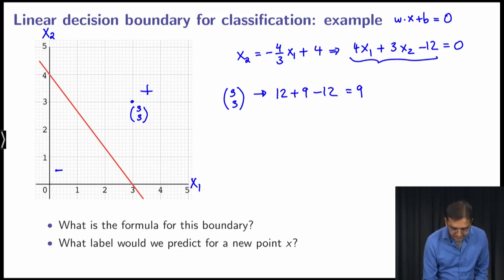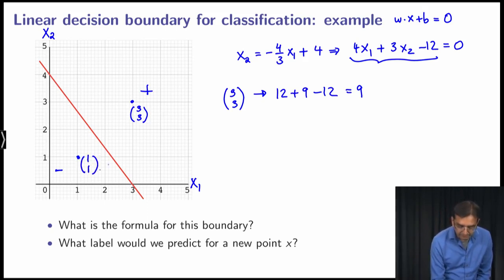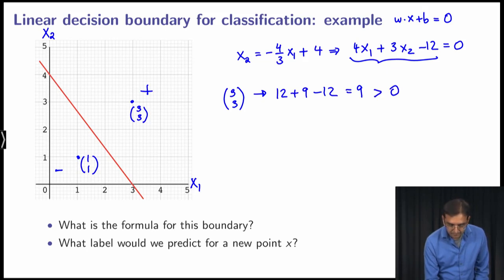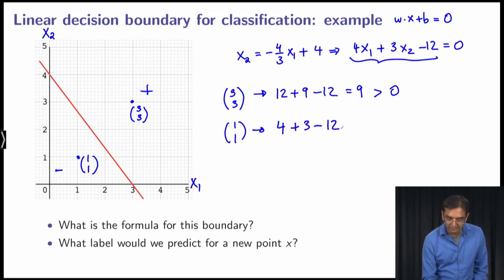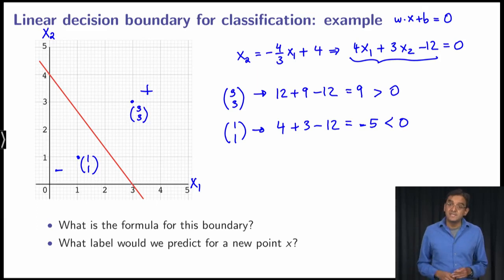Let's take another point, maybe (1, 1) over here. Let's plug it into our linear function, 4x1 plus 3x2 minus 12. We get 4 plus 3 minus 12, which is negative 5, and that's less than 0. So we classify that point as negative.